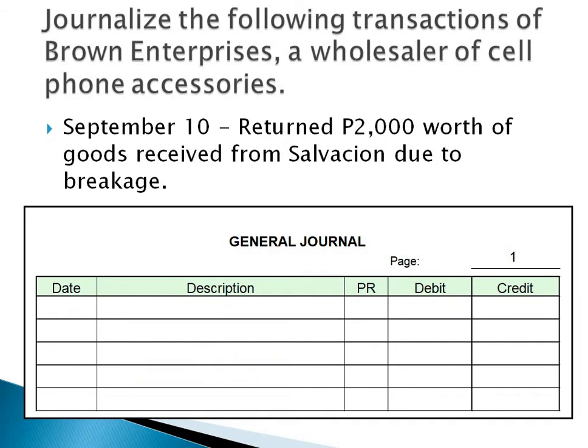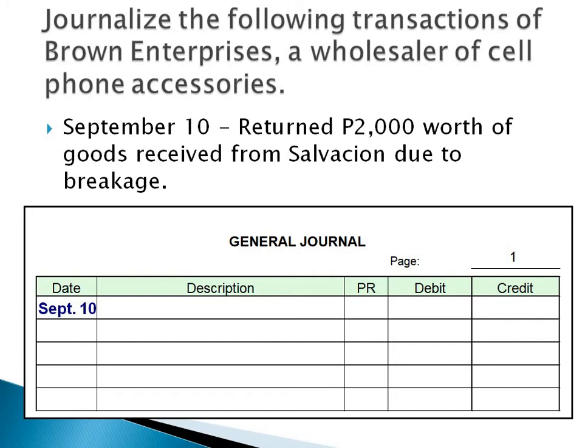Next, September 10. Returned 2,000 pesos worth of goods received from Salvacion due to breakage. From the words returned goods, this must be either a purchase return or a sales return, right? But which is which? Purchase return or sales return? Are we on the viewpoint of Brown or of Salvacion?